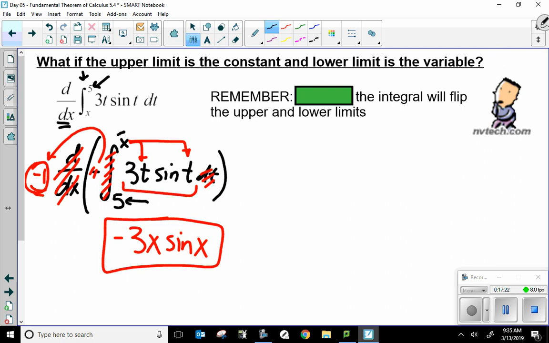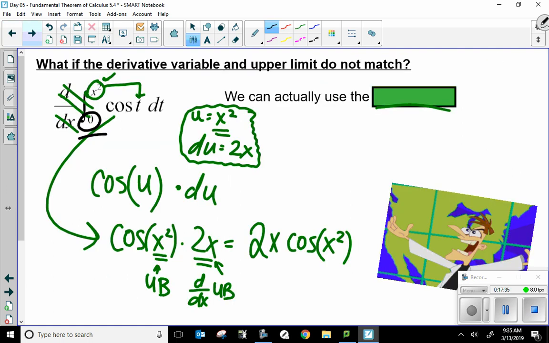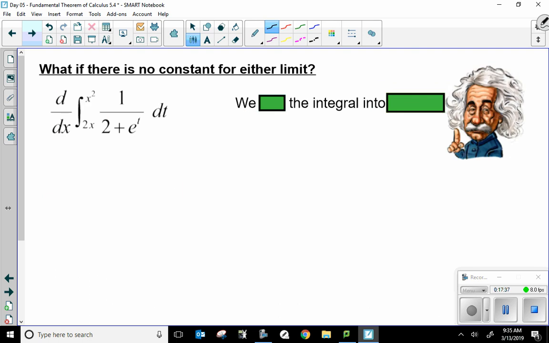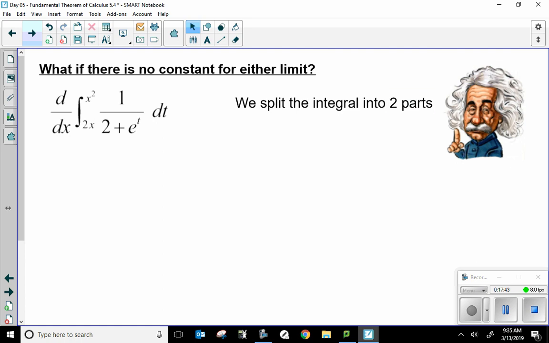No, it doesn't, because my upper bound variable or upper limit variable still goes in for my integrand variables. So it doesn't matter if this is 5 or 0, whatever, as long as it's a constant, you're good to go. We don't have a constant here. So what are we going to do? We're going to split the integral into 2 parts. I should really have this dude holding up 2 fingers.